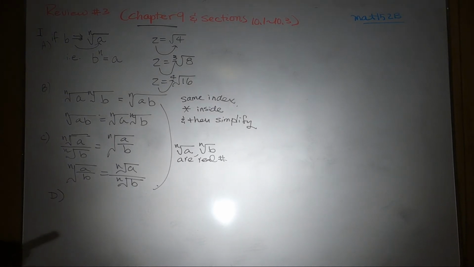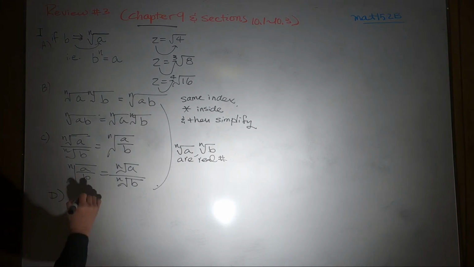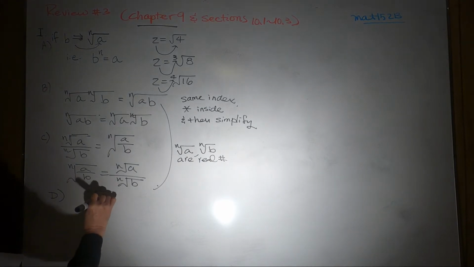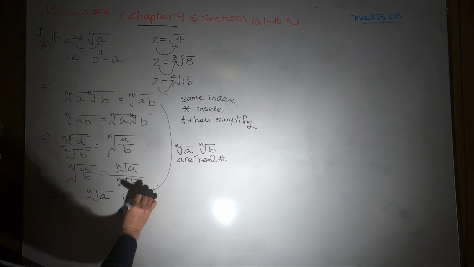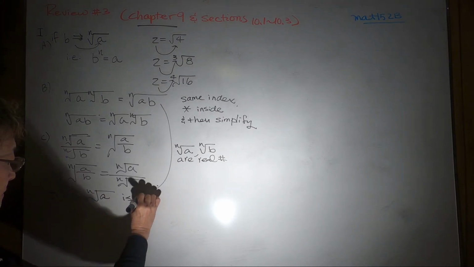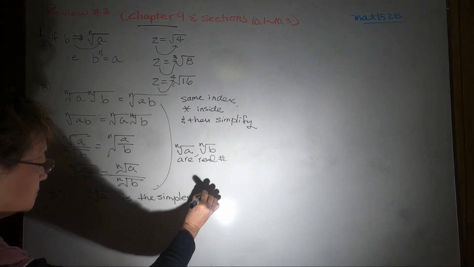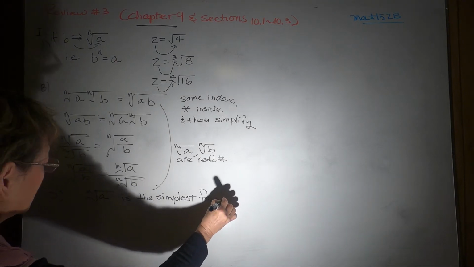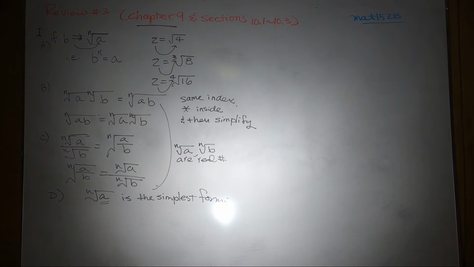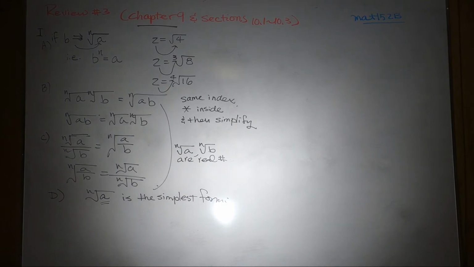So remember, when you want to simplify, this one has what? Is the simplest form. It means what? The inside of the radicals has to be as simple as possible.